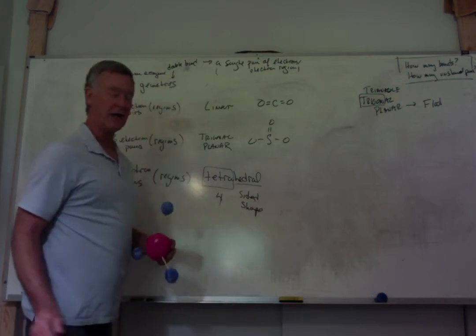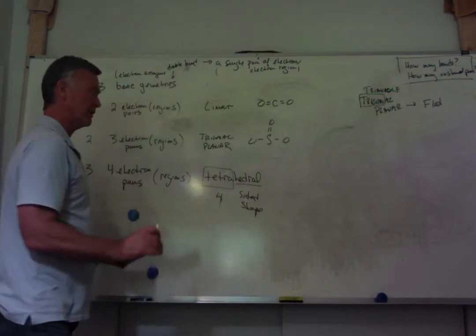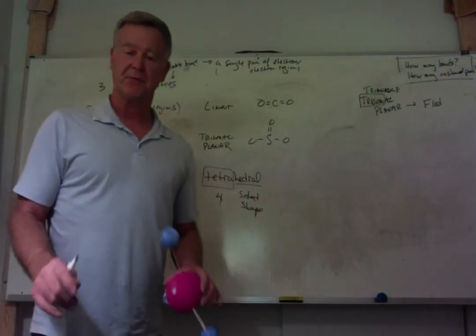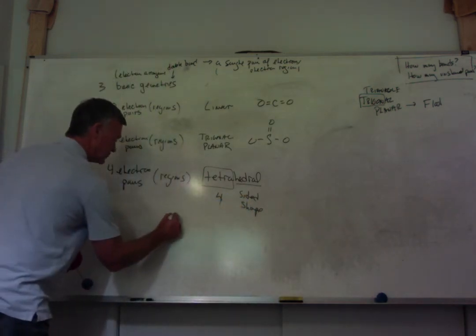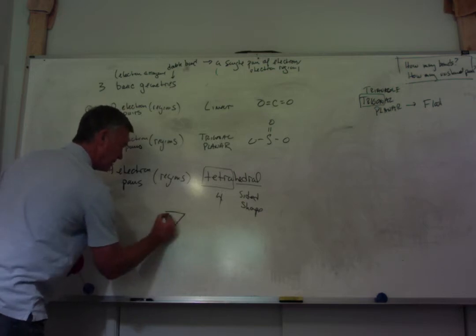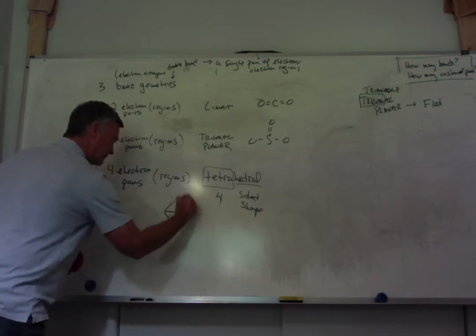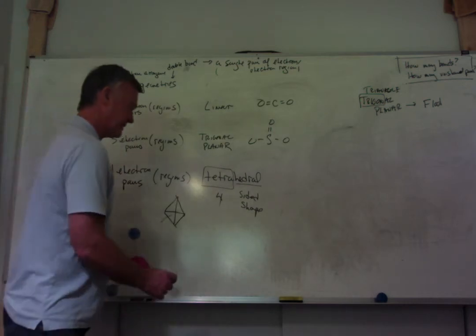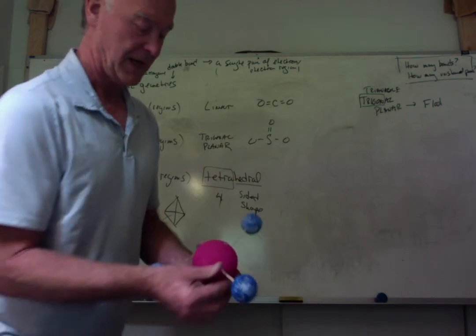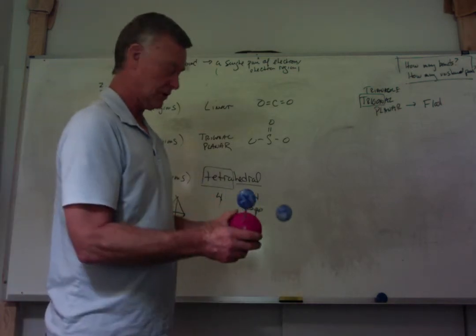This would be what you guys would know as a pyramid, but a triangular-based pyramid. So if you think of taking a triangle, and then take this up to the top like that. That's kind of hard to see, but that is a tetrahedral. So here's what a tetrahedral will look like.